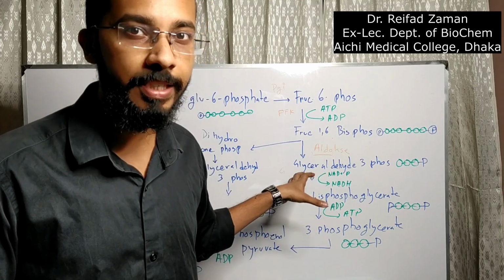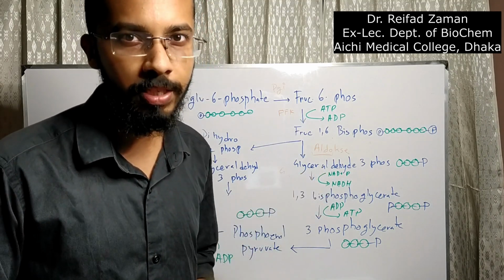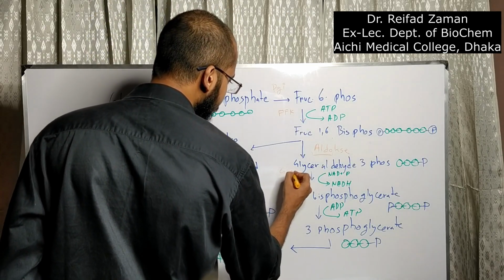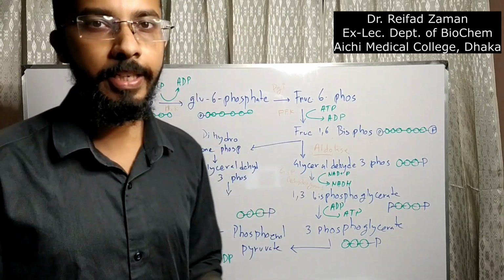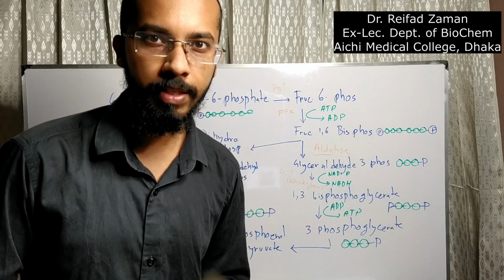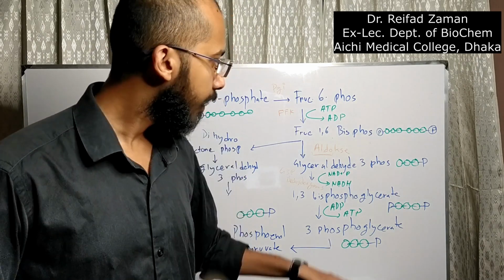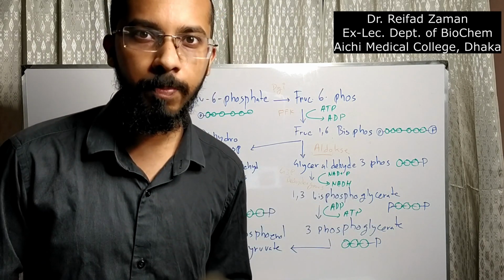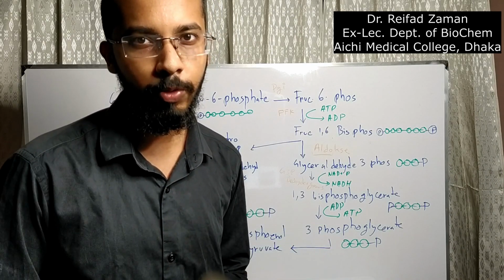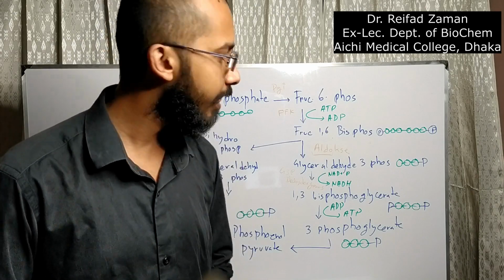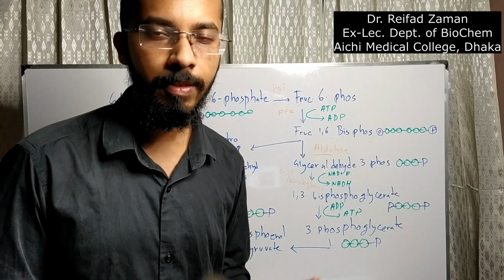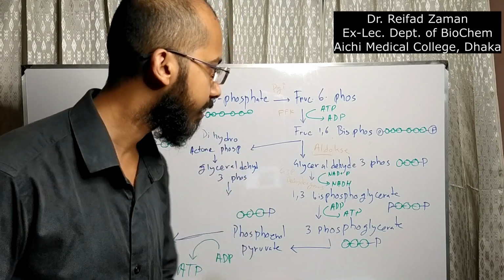And the enzyme catalyzing this reaction, the name is quite straightforward: glyceraldehyde 3-phosphate dehydrogenase. Next, 1,3-bisphosphoglycerate is becoming 3-phosphoglycerate. What is happening here? This glycerate molecule is losing a phosphate. So since there is movement of phosphate, it is definitely going to have the name kinase. And since this is a phosphoglycerate, the name is phosphoglycerate kinase.